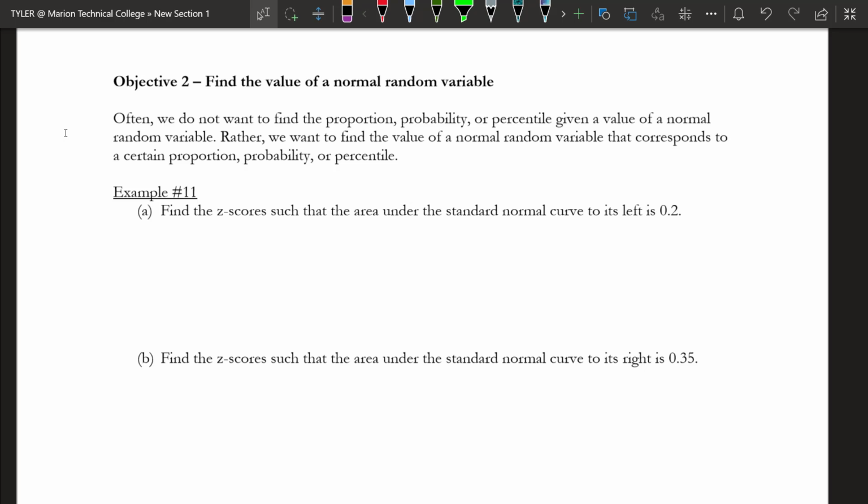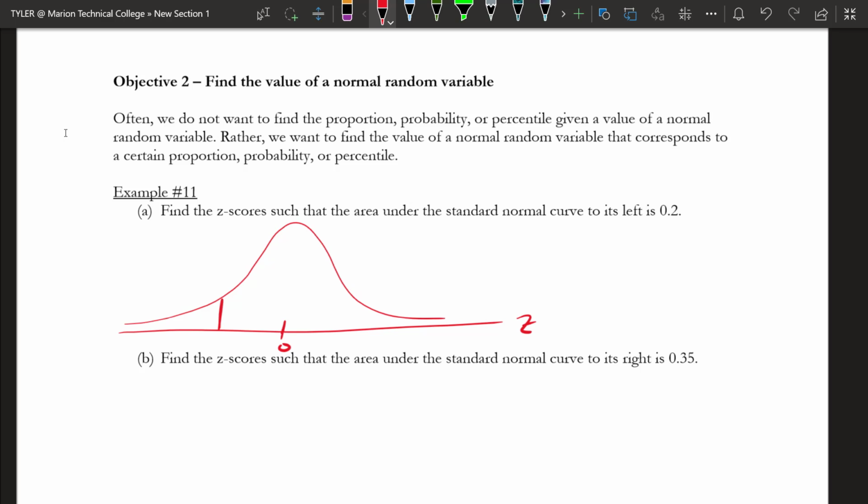So like for example 11, it says find the z-scores such that the area under the standard normal curve to its left is 0.2. Right? So in other words, if I draw a picture, we're dealing with z-scores, so in the center is going to be a z-score of 0, and my area is going to be 0.2, which is less than 0.5, so I know it's going to be somewhere on the left here, right?